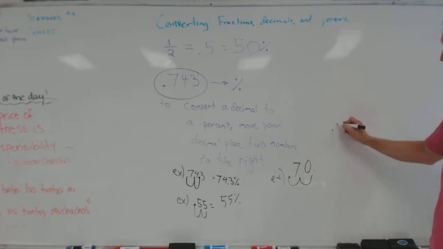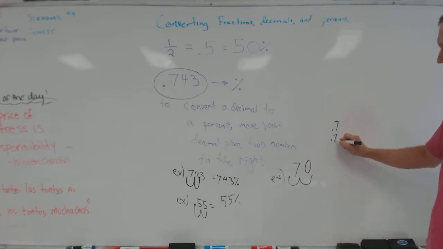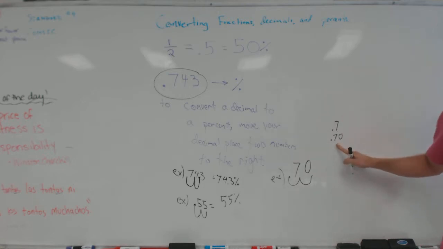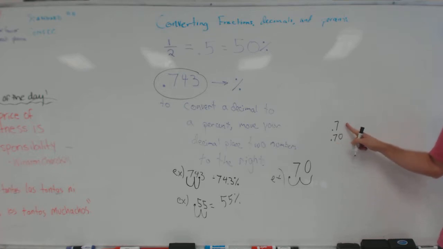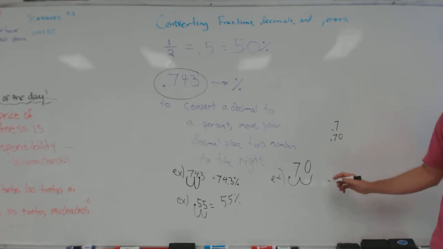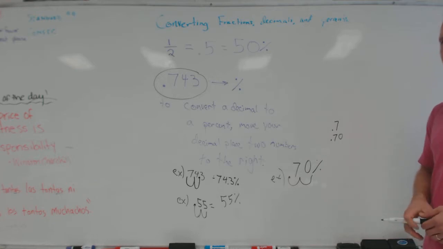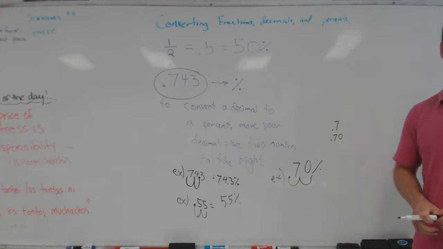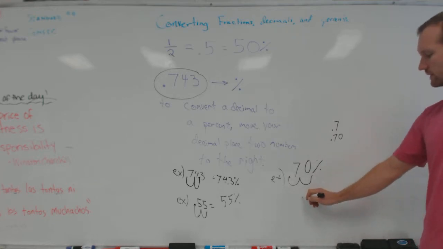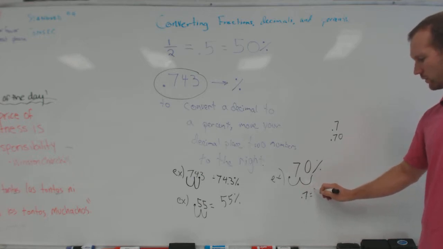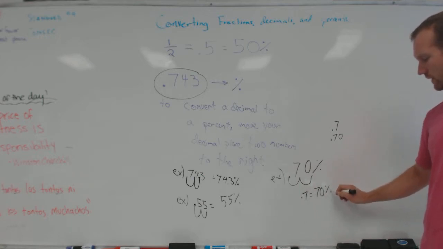Think about this. Is 0.7 any different from 0.70? No. In math, those numbers are exactly the same. Right? 0.7 and 0.70, same number. And so when I add a 0, I'm not changing the number. I'm just adding a placeholder. Right? So 0.7 equals 70%.